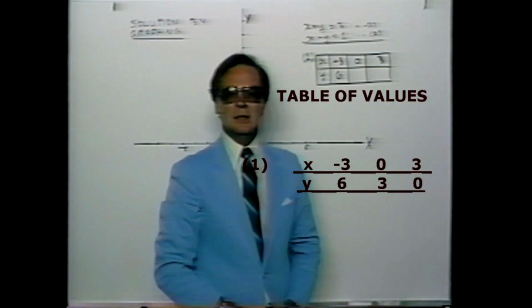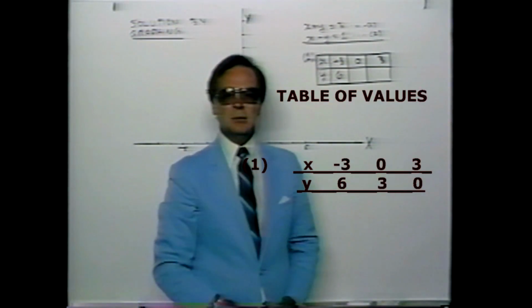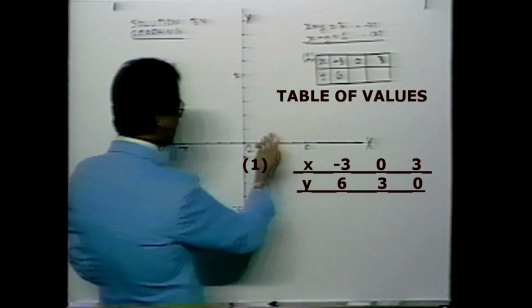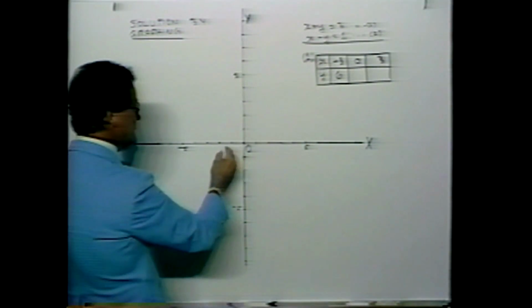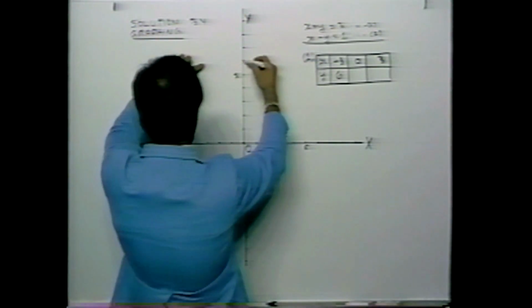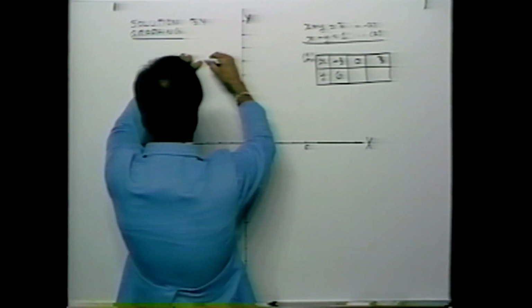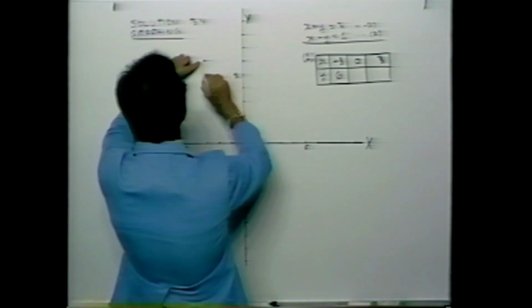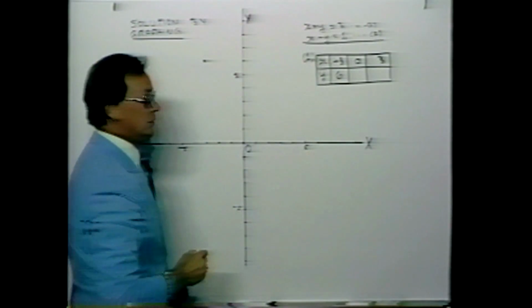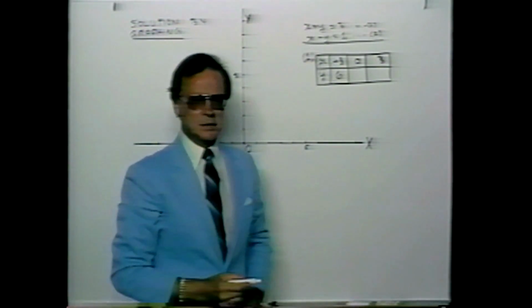You can see that such a pair of numbers can be plotted on the graph. In other words, if we have -3 for x and +6 for y, the location of that point is right there. On graph paper, you would find that point exactly.